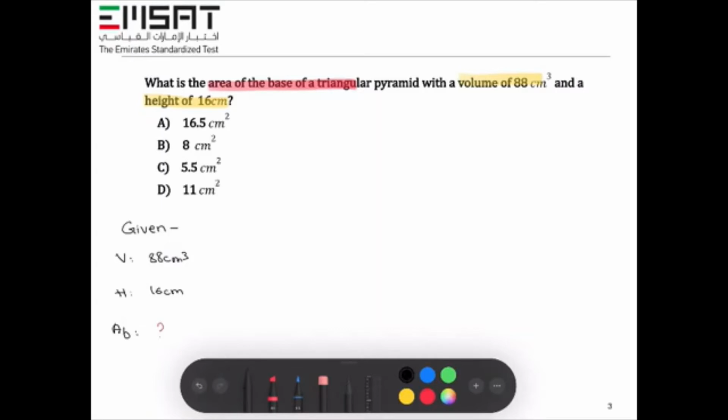Now, the volume of a triangular pyramid is given by the following formula: volume equals 1 over 3 times area of base times height. Plug in the given, which we have. The volume is 88 equals 1 over 3 times area of base, since it's not given, times the height, 16.